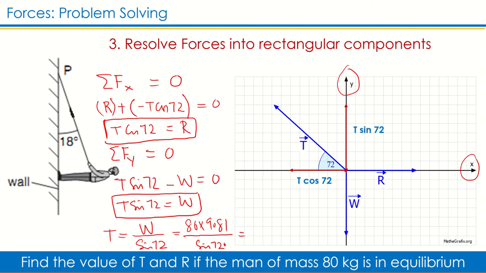So I can calculate that: 80 multiplied by 9.81 and divided by sine 72.